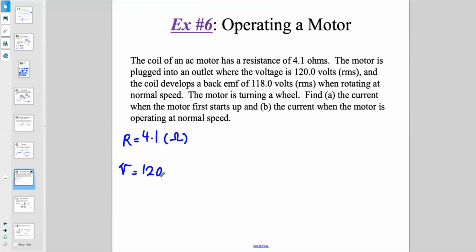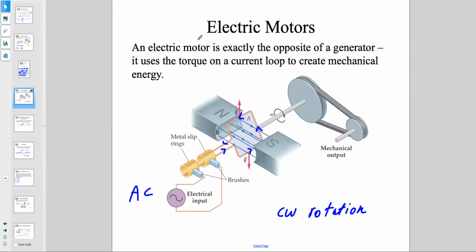And the coil develops a back EMF of 118 volts. So E is 118 volts when rotating at normal speed, when the motor is turning a wheel. This is exactly what you can see in electric motors.